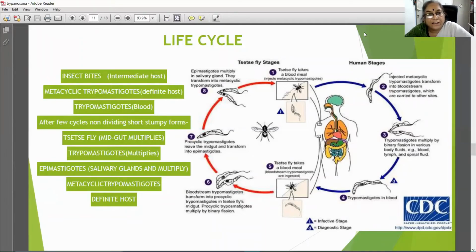The tsetse fly again bites this infected person, and the stumpy forms go into the midgut, multiply there, and develop into trypomastigote forms, the multiplying form, which get converted into the epimastigote forms. When they reach the salivary glands, they will multiply there and get converted into metacyclic trypomastigotes and reach the definitive host, and that is how the life cycle will continue.